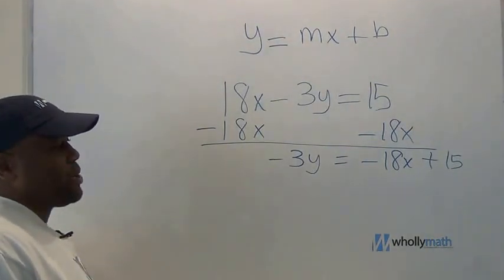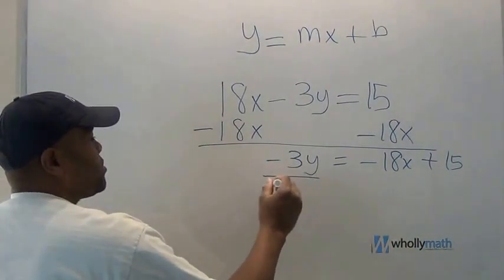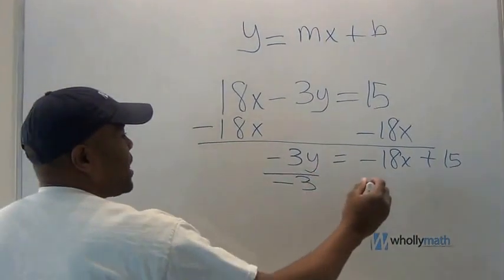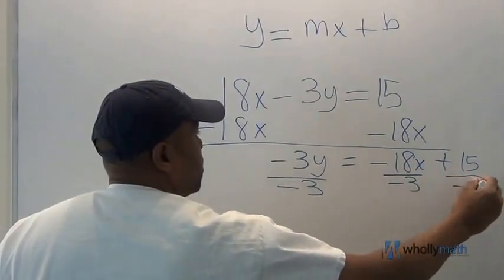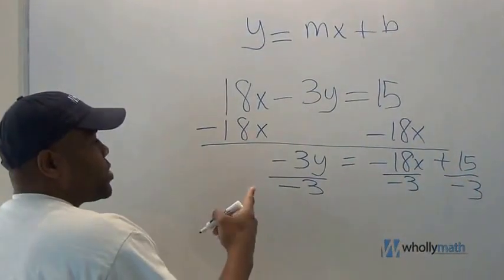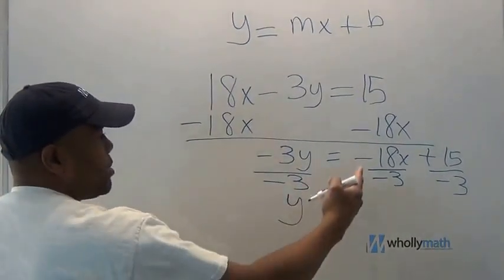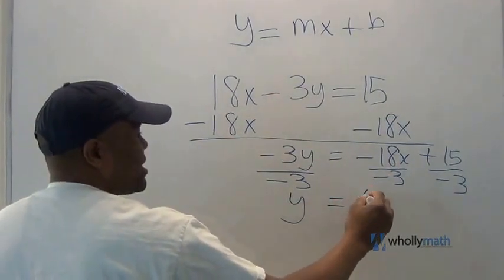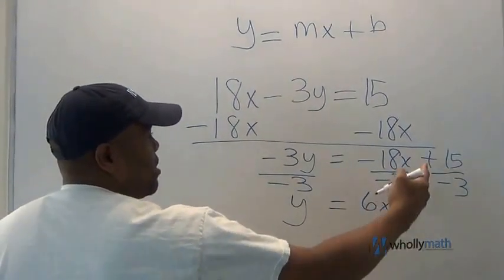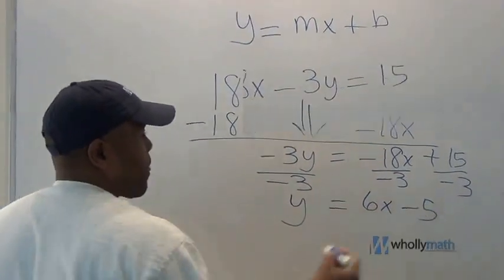So in order for us to get y by itself, we would have to divide both sides by negative 3. So negative 3y divided by negative 3 will be y. Negative 18x divided by negative 3 will be 6x. And positive 15 divided by negative 3 is negative 5.